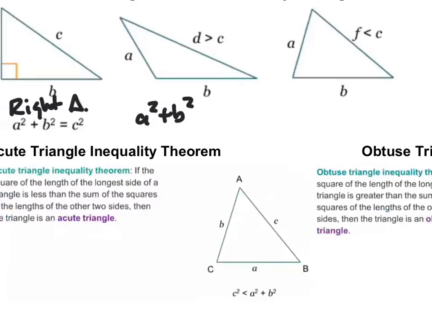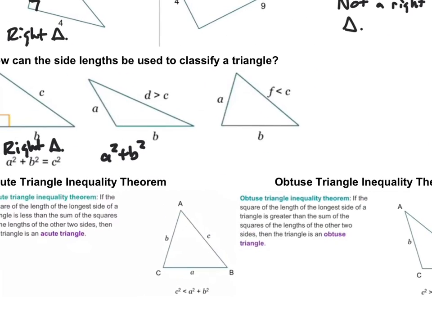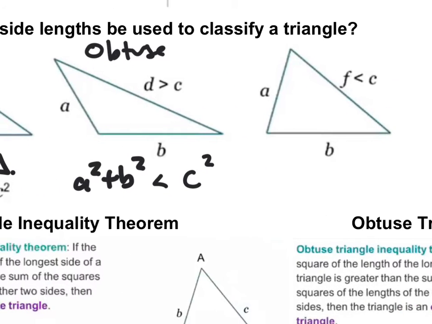I have to remember, acute is when that's bigger. So the sum of these squares would be less than the square of the length c. This would be an obtuse triangle, because I have one obtuse angle here.